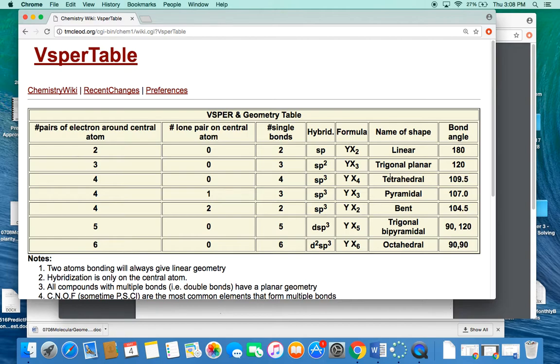If you have 2 single bonds and 2 lone pairs, this is the classical case of water, then what you have is what is called bent. And the weird thing is that due to the starting tetrahedral shape, your lone pairs are on the same side of the central atom, and the outside atoms are on the same side.